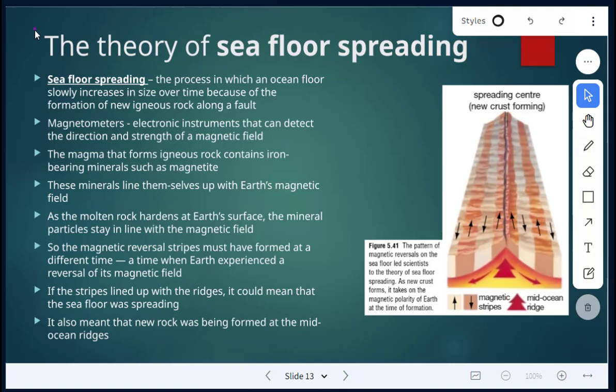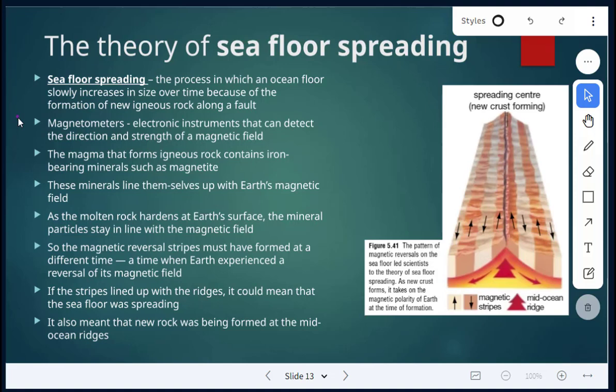There's this theory of seafloor spreading. It's the process in which an ocean floor slowly increases in size over time because of the formation of new igneous rock along a fault. There are instruments here, magnetometers, that can detect the direction and strength of a magnetic field.